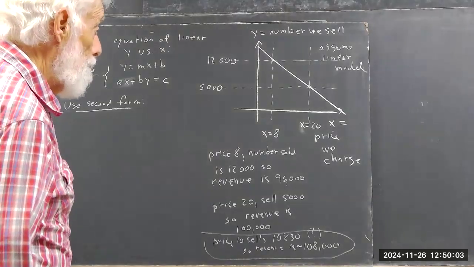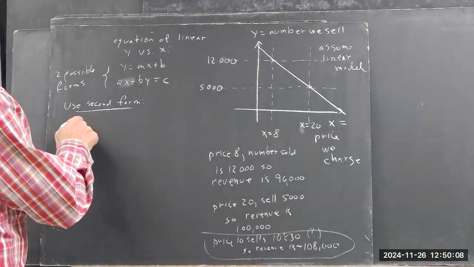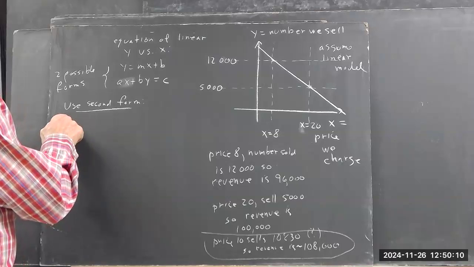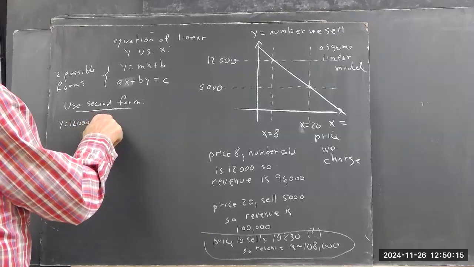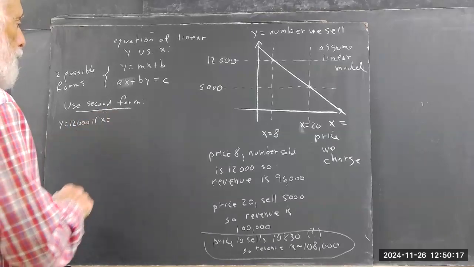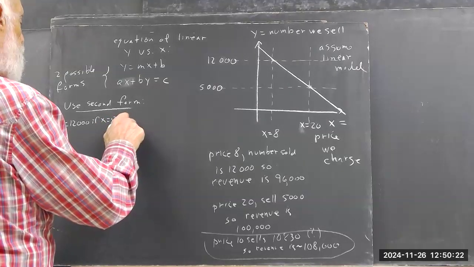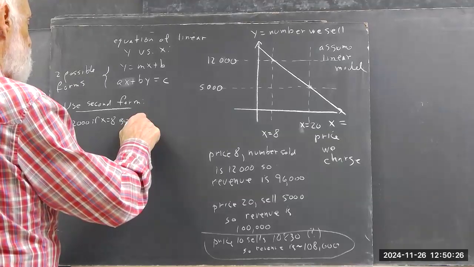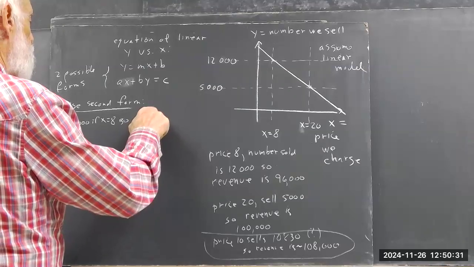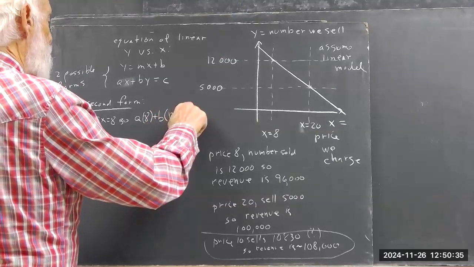How do we use the second form? For the first point, y equals 12,000 and x equals 8. So A times 8 plus B times 12,000.